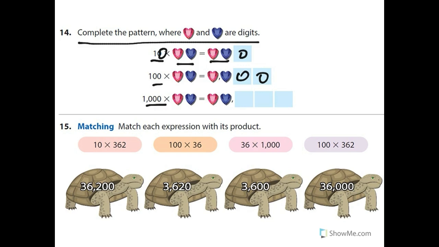How many zeros are going to be in this third one? 3 zeros. So remember the pattern. You add a 0 to the end depending upon how many zeros there are in that power of 10. Alrighty, I want you to go ahead and solve number 15, and then we'll go over it.